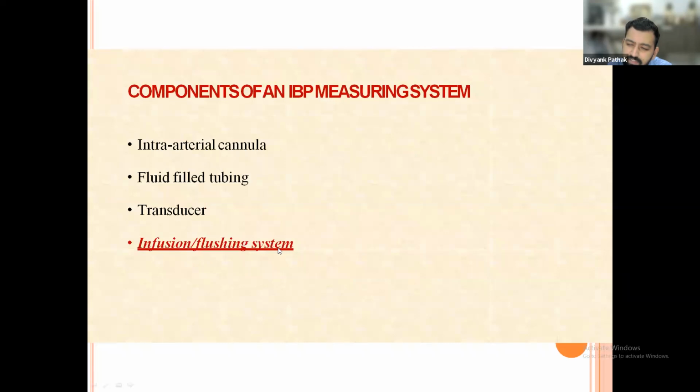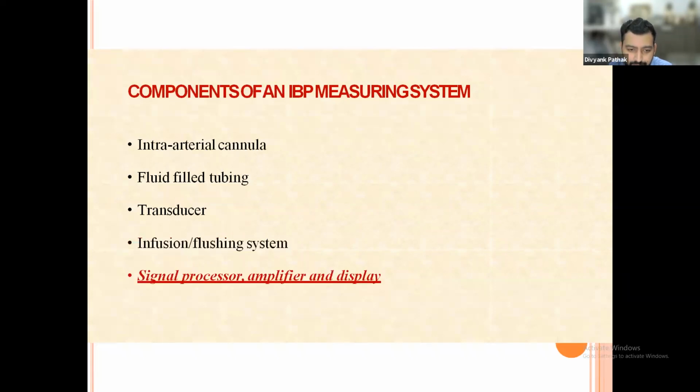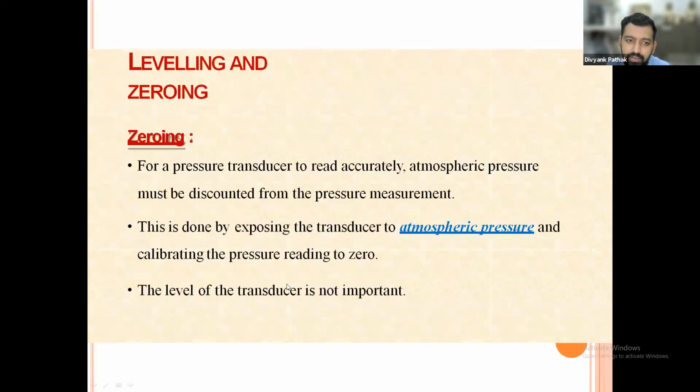Now an infusion pressure system is also there, which I initially told. We can use a pressure system to give saline, or you can use an infusion pump also. Now there is a signal processor, amplifier, and display.